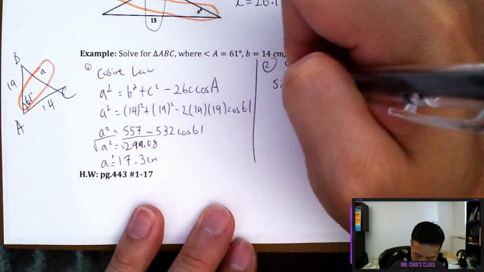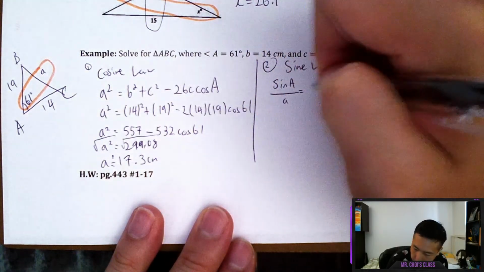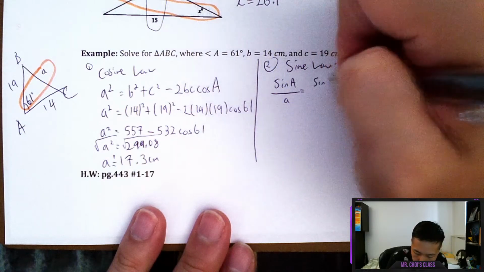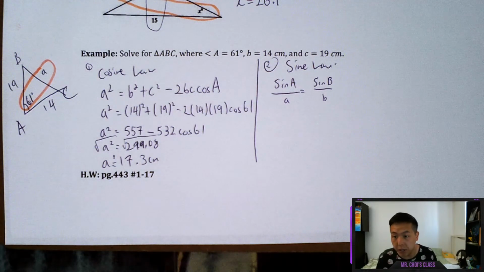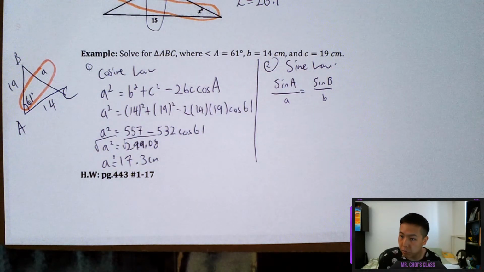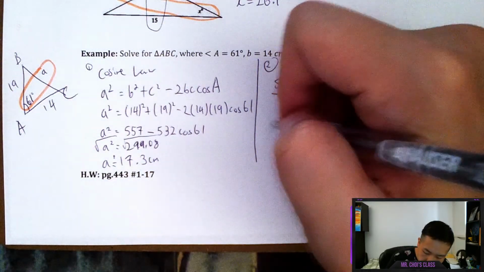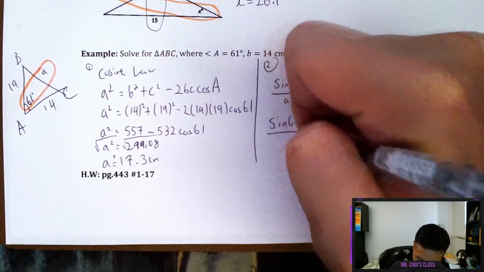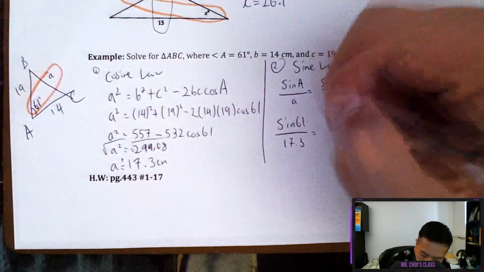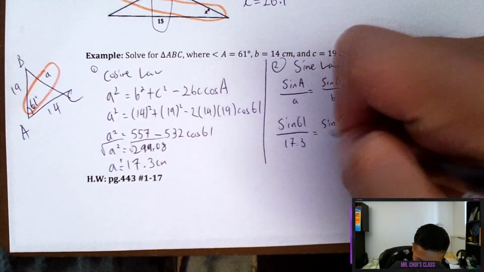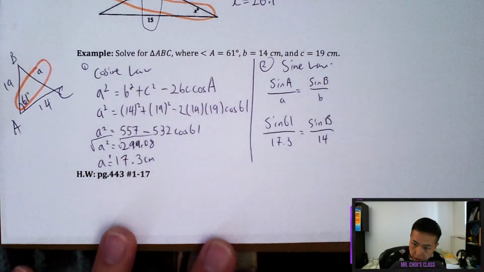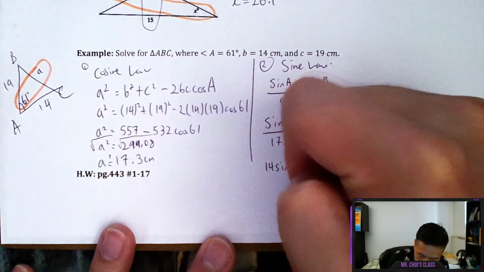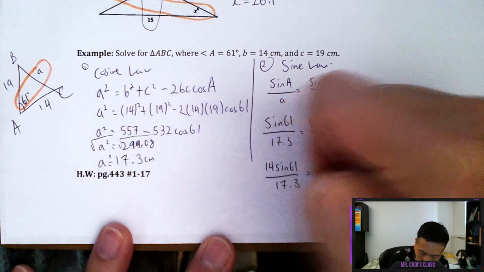So sine A over A is equal to, let's say I'm solving for angle B, sine B over B. I'm going to be using my newfound A to solve for another angle in my triangle, and sine law is a little bit simpler than cosine law to use. So sine of 61 over 17.3 is equal to sine B over 14. Rearranging this equation, I get 14 sine 61 over 17.3 is equal to sine B.